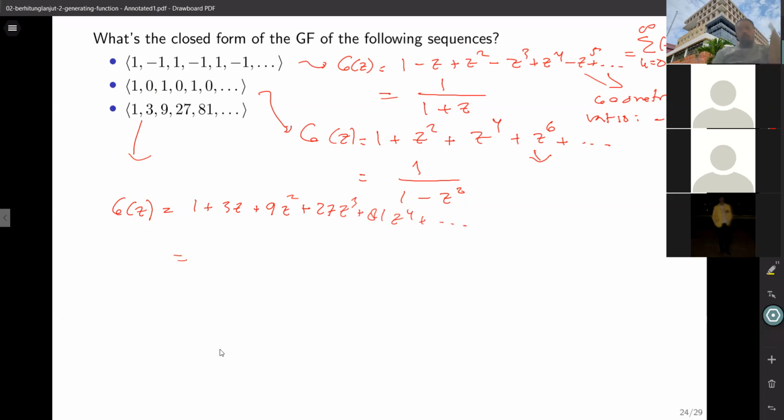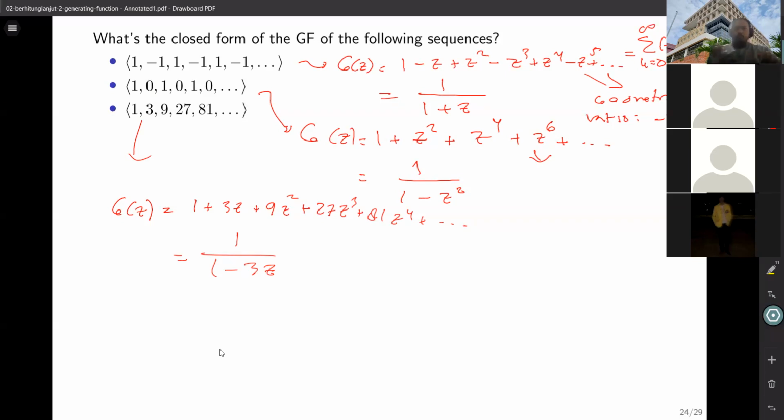Now, of course, if you look at the ratio, it is 3z, so it's 1 over 1 minus 3z, right? Okay. So that's some illustrations of where we could use the idea of geometric series.